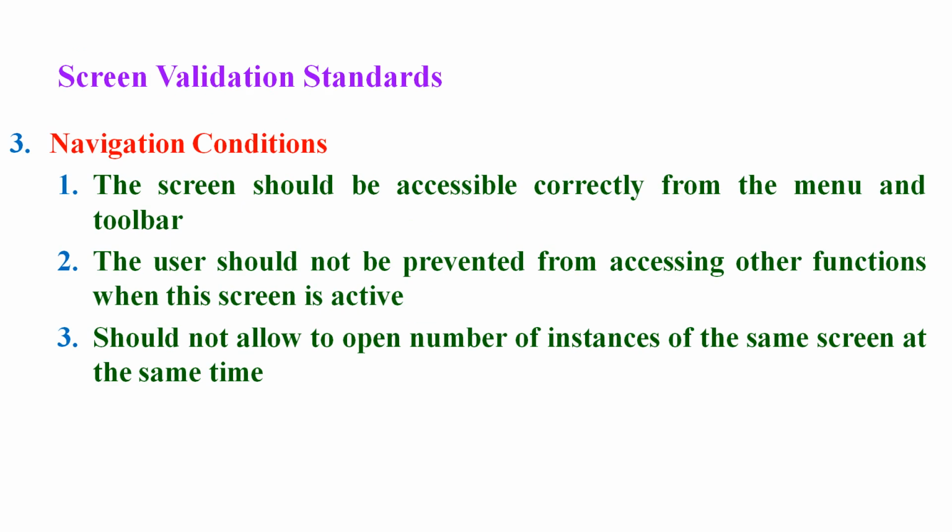Next, navigation conditions. The screen should be accessible correctly from the menu and the toolbar. A menu bar will be there and a toolbar will be there. If you click on any menu or toolbar item, the screen should be accessible correctly, meaning the screen should work correctly. And the user should not be prevented from accessing other functions when this screen is active.